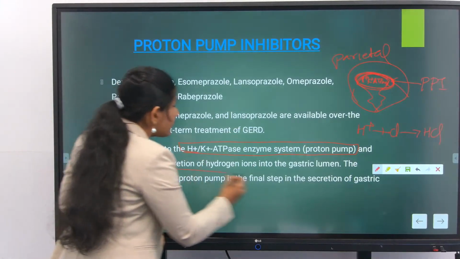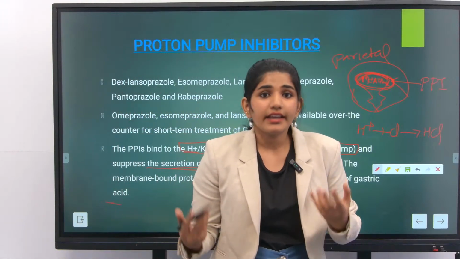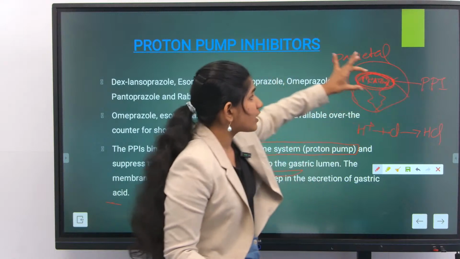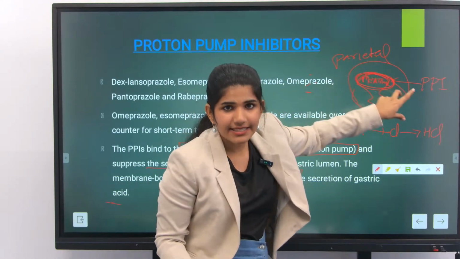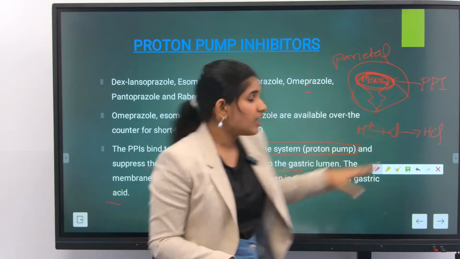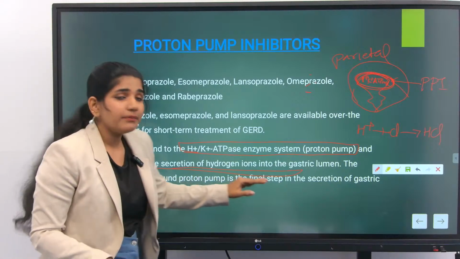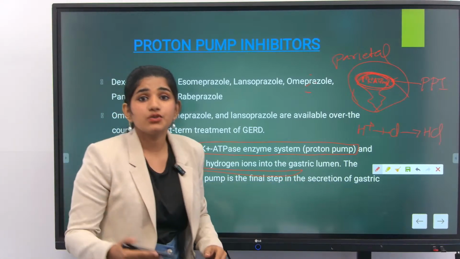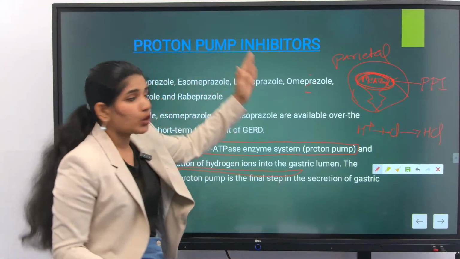If hydrogen ion is not there, can they form hydrochloric acid? No. Understood? The membrane-bound proton pump is the final step in the formation of gastric acid. So the gastric acid is not produced in such a condition. That is the proton pump inhibitors.